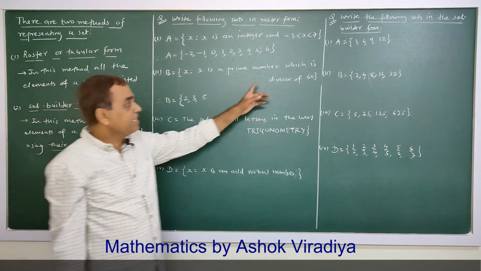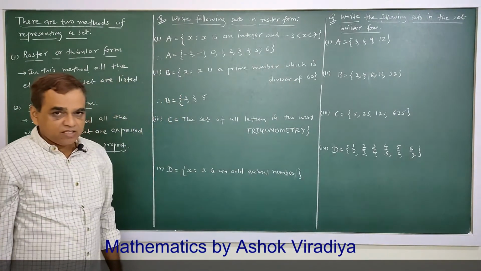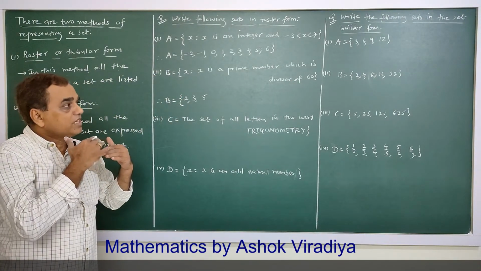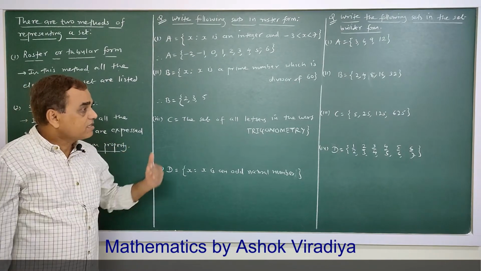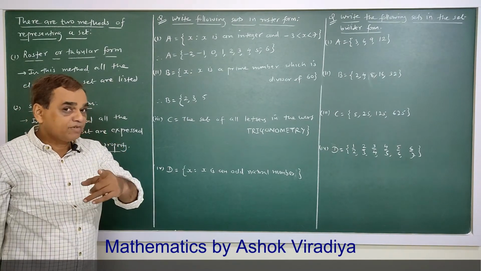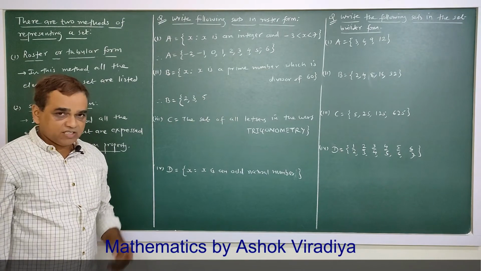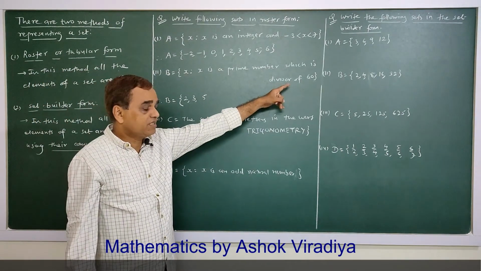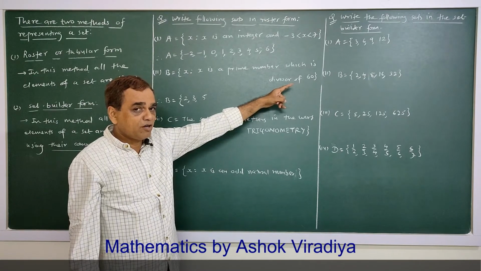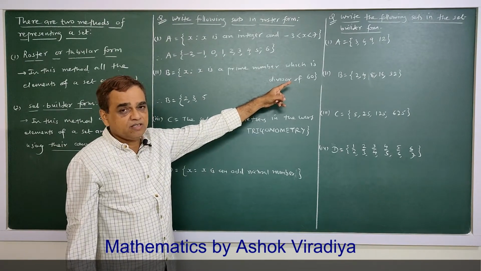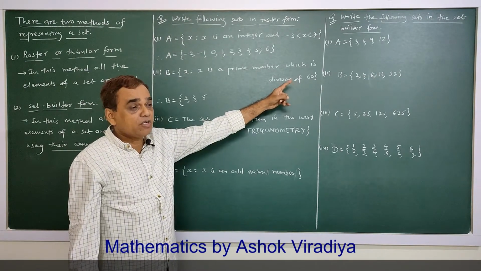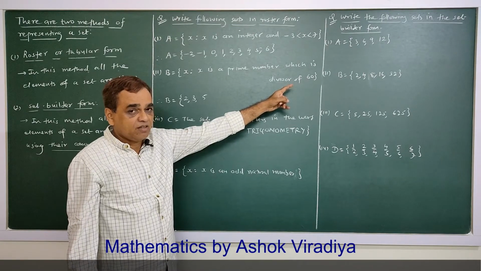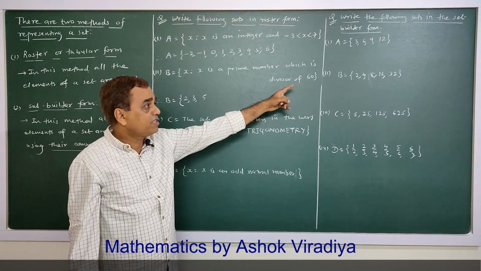Now because we need divisors of 60, if you think about other numbers, 7 is a prime but not a divisor of 60. 11 is a prime, not a divisor of 60. 13 is a prime, not a divisor of 60. 17 is a prime, not a divisor of 60. 31 is a prime, not a divisor of 60.